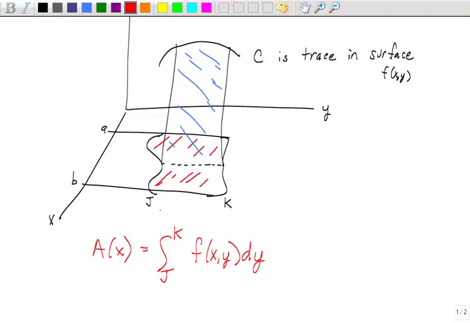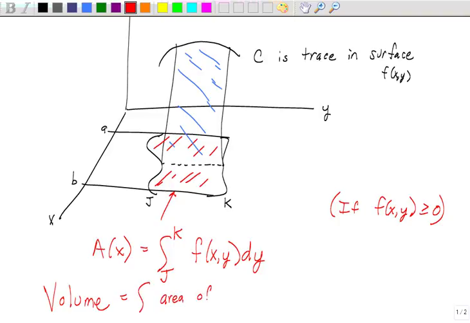Okay, so that's going to be the area of that. And then the volume, if f of x, y is positive, is going to represent the integral of the area of this cross section, which is in blue.